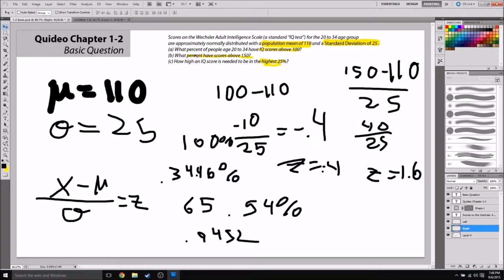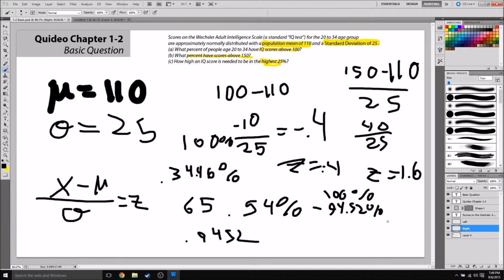So we need to know what percent have scores above 150, which is 100% minus this 94.52%. 100% minus 94.52% equals 5.48%.